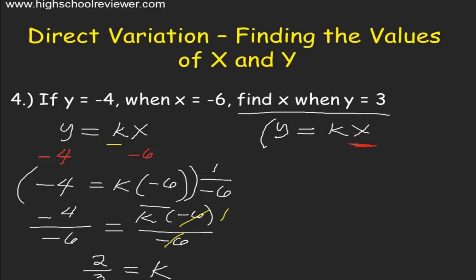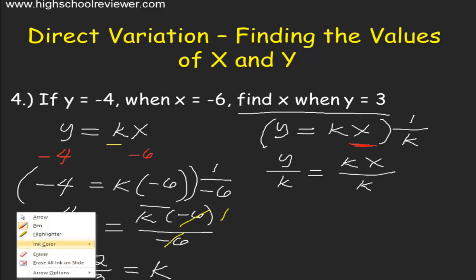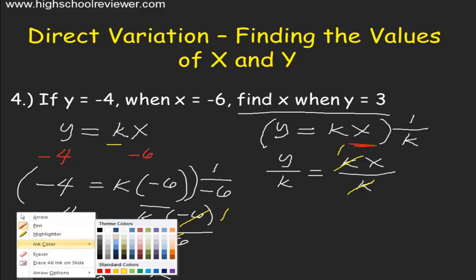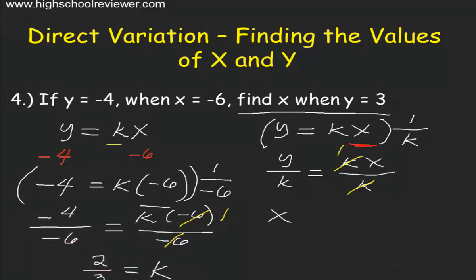To cancel out k, we divide both sides of the equation by k. So y over k equals kx over k. But k divided by k is equal to 1. So our equation is x equals y over k.